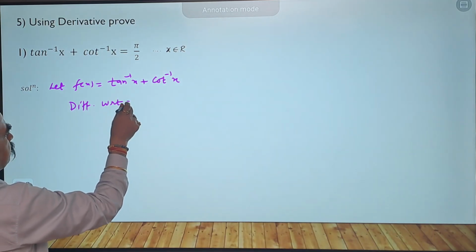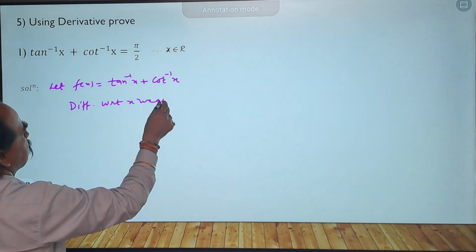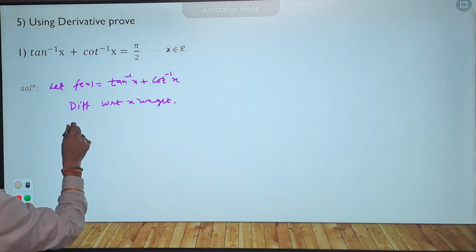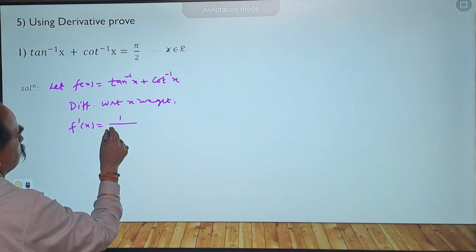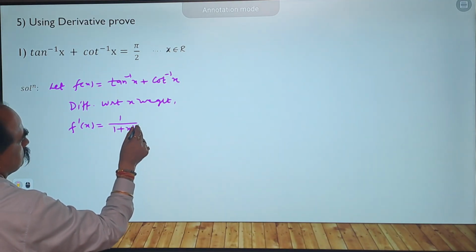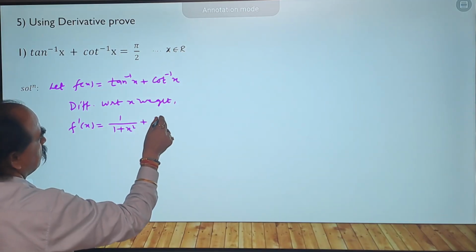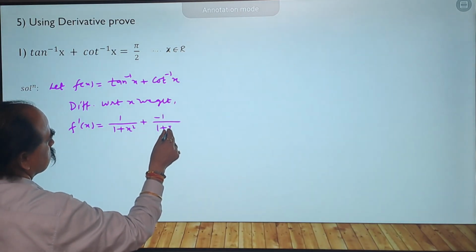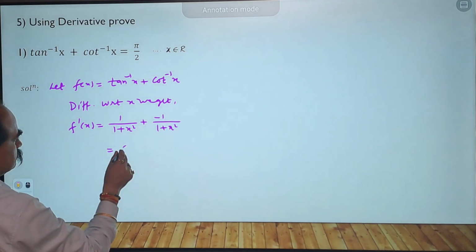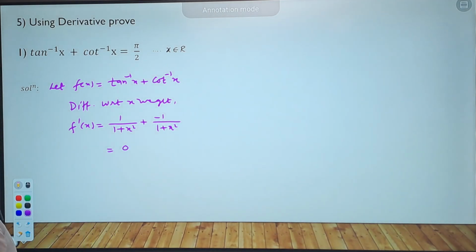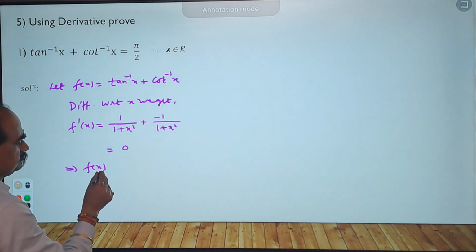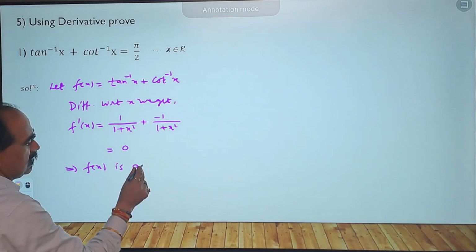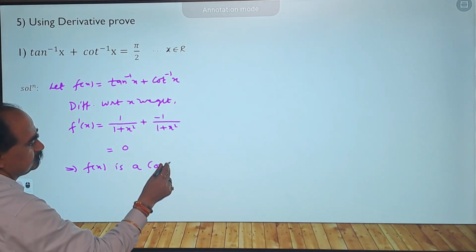Differentiating with respect to x, we get derivative of tan inverse x is what? 1 upon 1 plus x square, plus minus 1 upon 1 plus x square. First order derivative of f is 0. So this implies f x is a constant function.